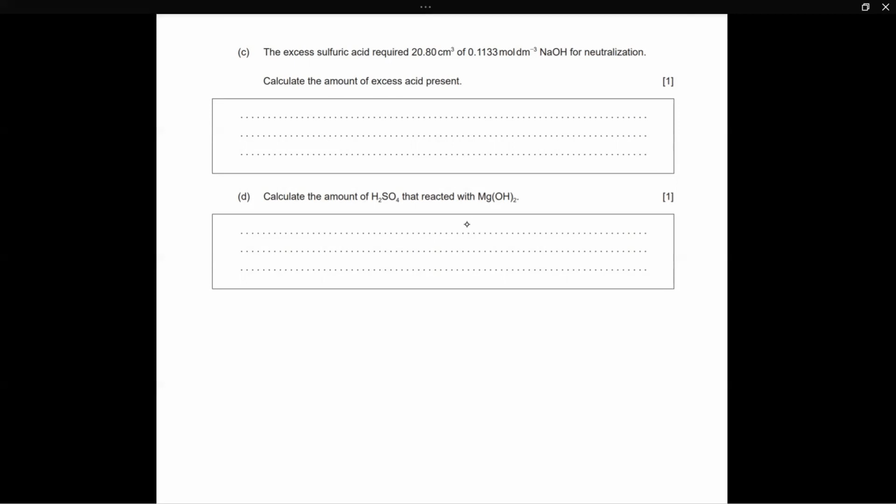Let's do that first, and you will see why you would be wrong if you just simply calculated the number of moles of NaOH and assumed that was the number of moles of excess sulfuric acid. Let me show you why.